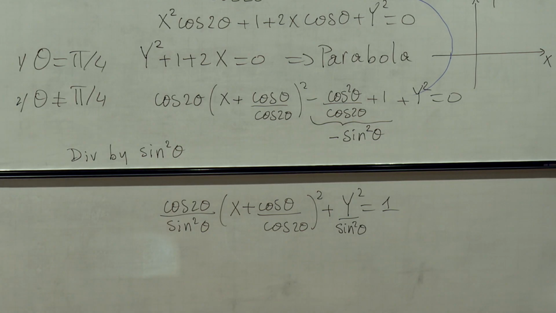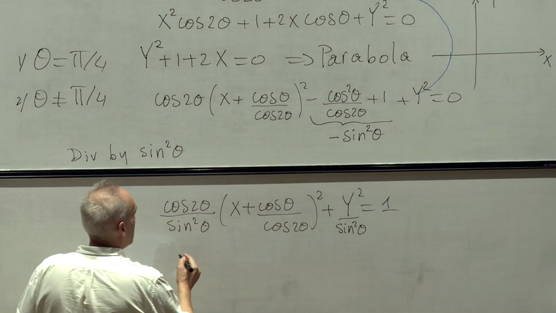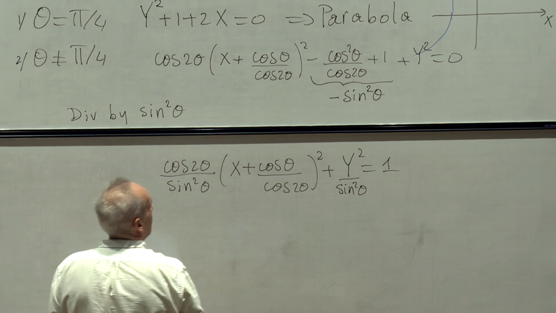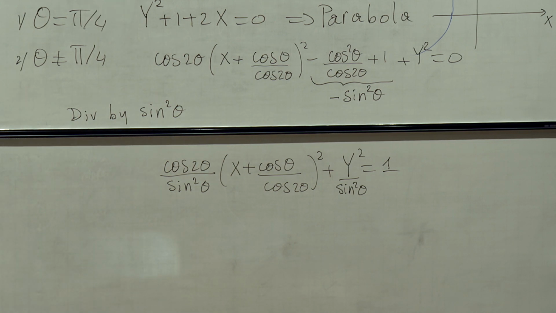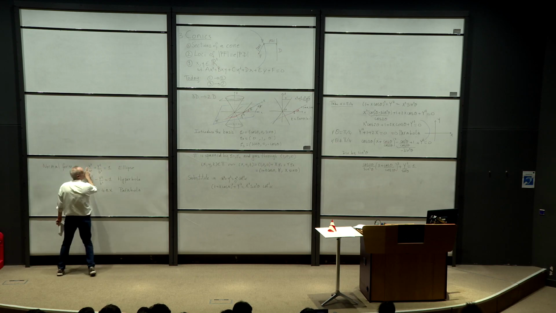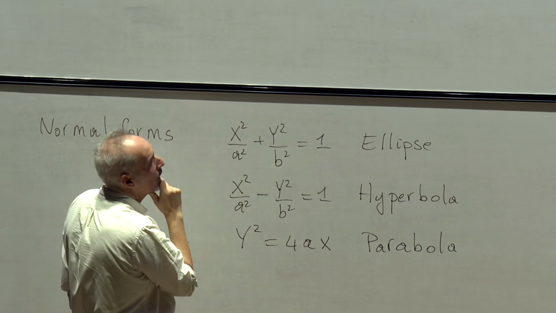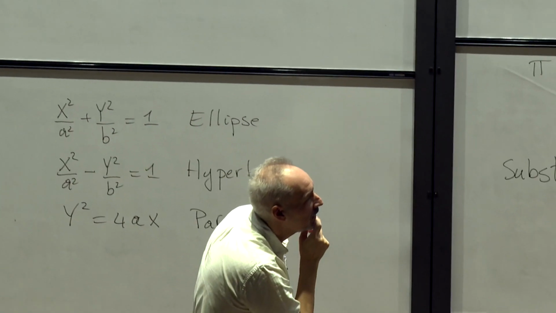And I'm done. Because now I can see that this is the same form as this guy up to a translation in x. I let you do that. You can see I can change x to x plus cos theta over cos 2 theta.